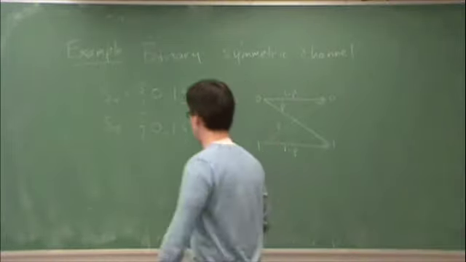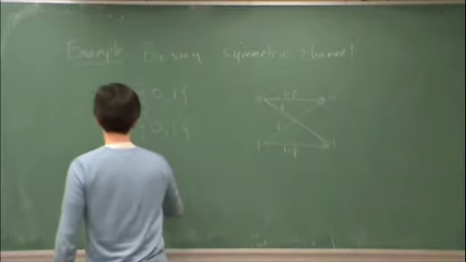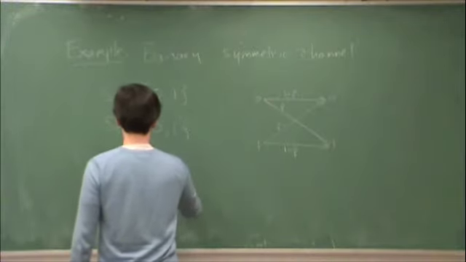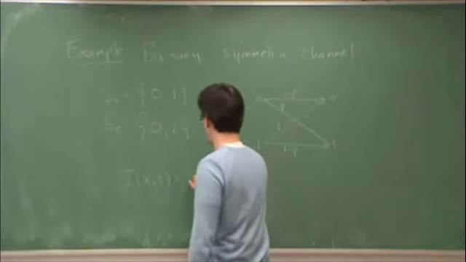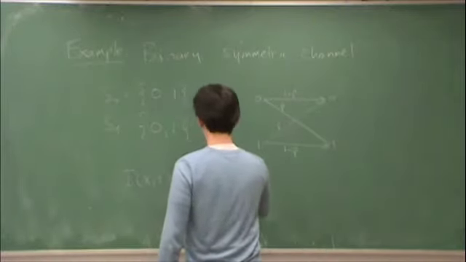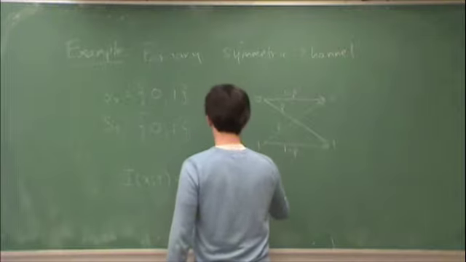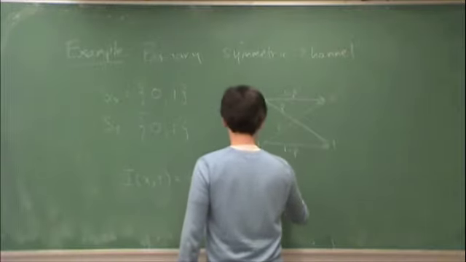So, mutual information for this channel is, let's write it in this form, H(Y) minus H(Y|X).